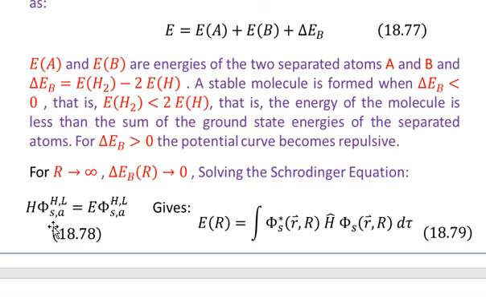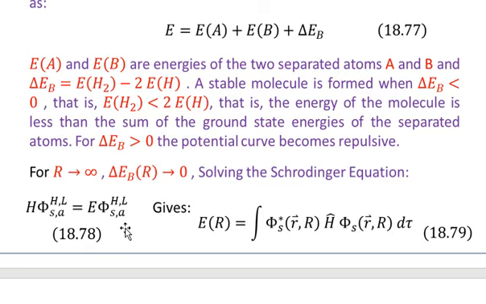Let's solve next the Schrodinger wave equation using the wave function of Heitler and London. The equation is H phi is equal to E phi, where phi is the wave function due to Heitler and London.